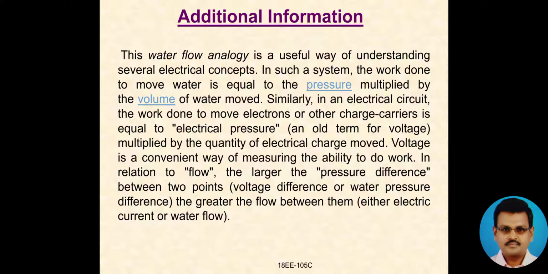If the potential difference is more, then the electric current will be more. If the potential difference is less, then the current will be less. This is the relation between the potential difference and the electric current.